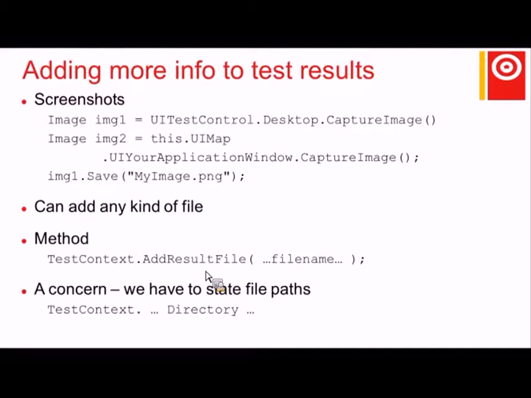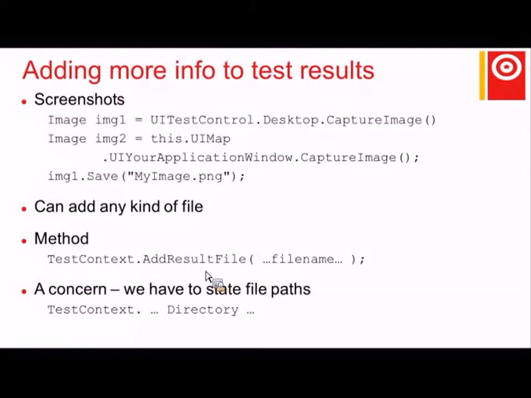So we could write data into files which we open and close at that level. And then within our tests, or perhaps within the cleanup routines, we can call testcontext.AddResultsFile and name the file we've just created to store that in with the results.